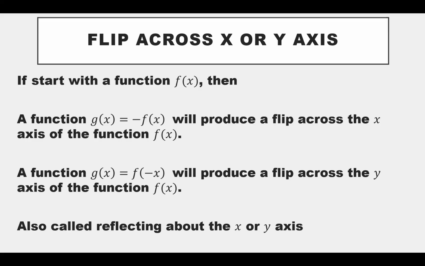So when you put a negative in front of the function, it produces a flip across the x-axis. When you put a negative in front of the x inside the argument of the function, it produces a flip across the y-axis. And that flip is called reflecting about the x-axis or reflecting about the y-axis.